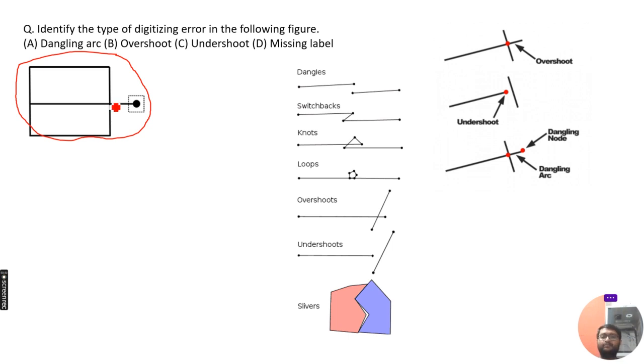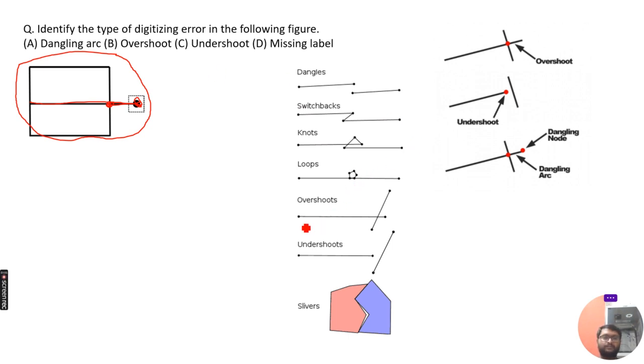It has completed the geometry over here and then it went forward. You will get two different points if it is a case of dangling arc. Here, after finishing the geometry, it went directly from here to here. They had to stop it over here, but they went far. This means it's kind of overshooting.